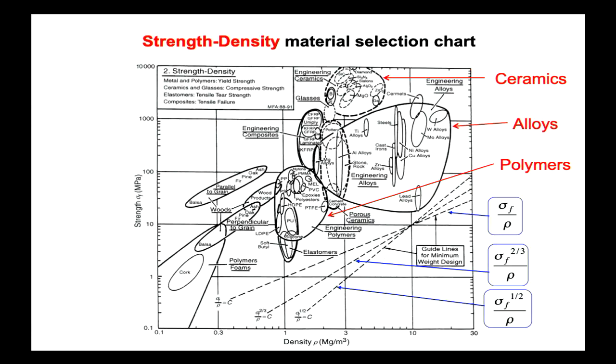But for specific strength, we've got, again, these three guidelines associated with the three functions: straight axial tension, bending of a beam, or bending of a plate. And I've just highlighted a few different boundaries: alloys or steels, metals, etc., polymers and ceramics.